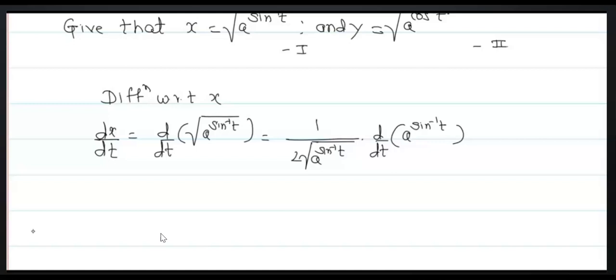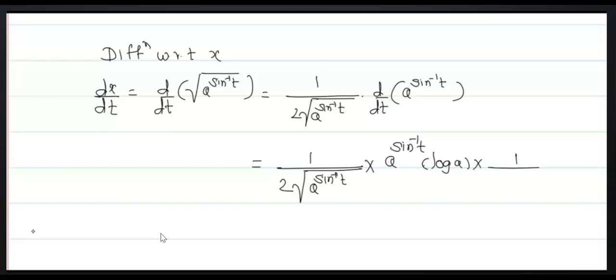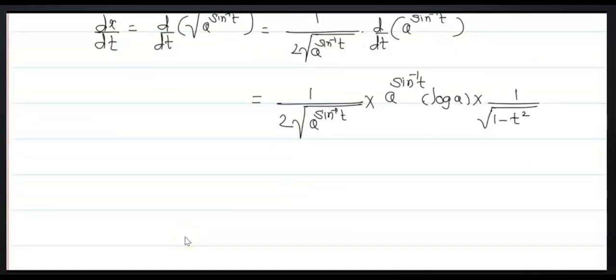What is the derivative of a raised to sine inverse of t? Derivative of a raised to sine inverse of t is a raised to sine inverse of t into log of a into derivative of sine inverse of t, which is 1 upon root of 1 minus t square.